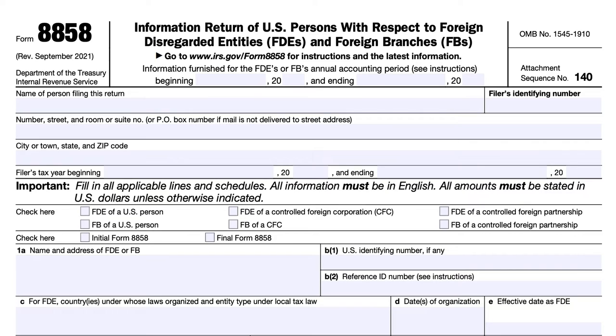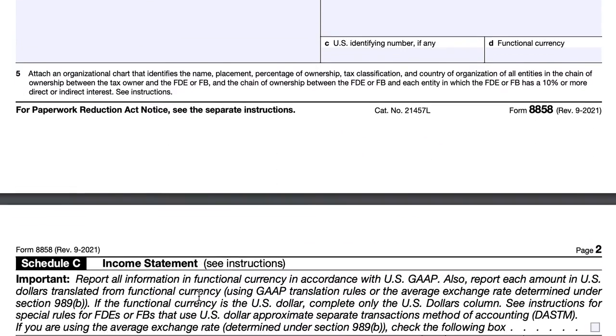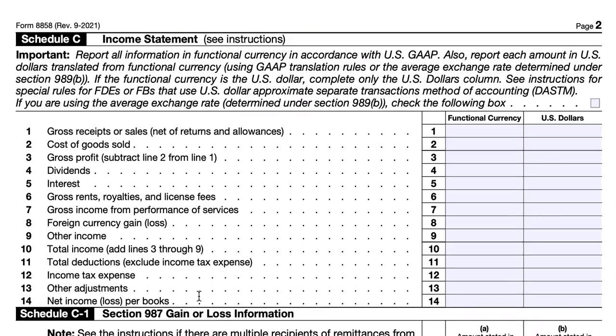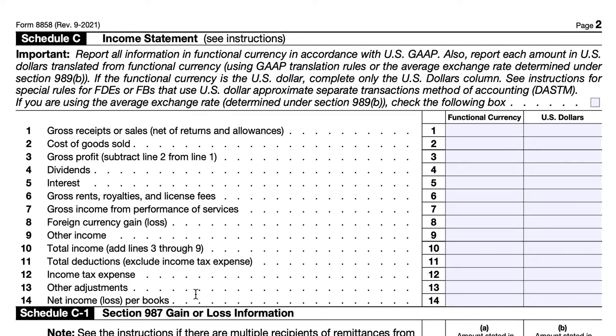Anyone that is a tax owner at any time during the tax year or annual accounting period will be required to complete the entire form, including the separate Schedule M. We'll go through the schedules really quickly. There's Schedule C, which is an income statement.